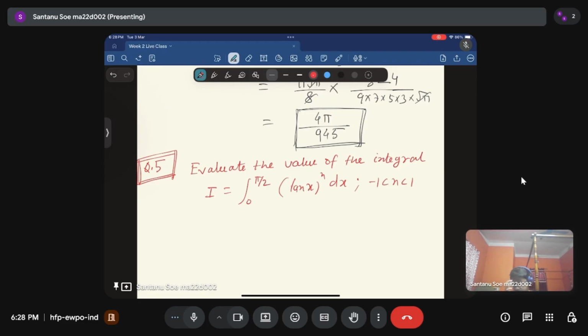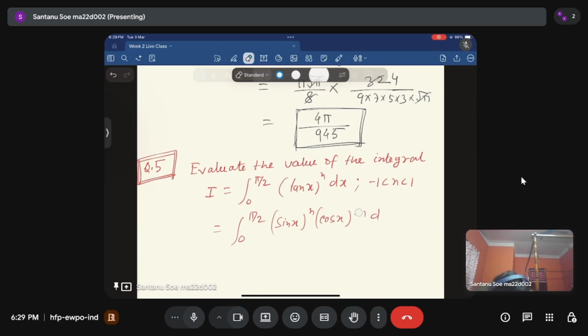Okay. So now this can be written like this: the integral from 0 to pi by 2 of sin x to the power n cos x to the power minus n. Sorry.